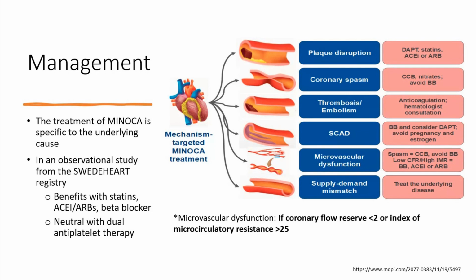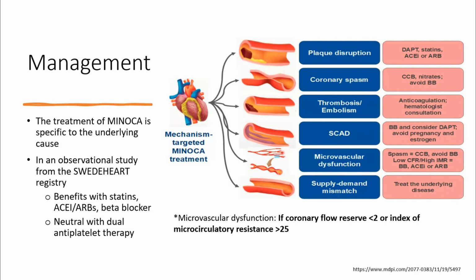Microvascular dysfunction, so treatment is if there's spasm, we treat with calcium channel blocker, avoid beta blocker. If coronary flow reserve is low or index of microcirculatory resistance is high, then that will be treated with beta blocker, ACE, or ARB. So microvascular dysfunction is diagnosed if the coronary flow reserve is less than 2 or index of microcirculatory resistance is greater than 25.